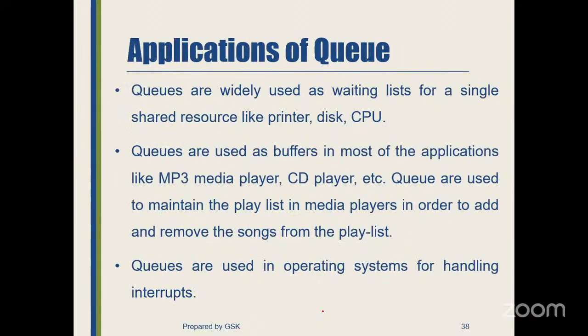Then where do we use queue in the real world? Queues are widely used as a waiting list for a single shared resource like printer, disk, CPU. So in our real time, whenever working with the printer, suppose you are giving the print of any particular document, and while that is in process, if you give the printout of a second document, you may observe the print queue.